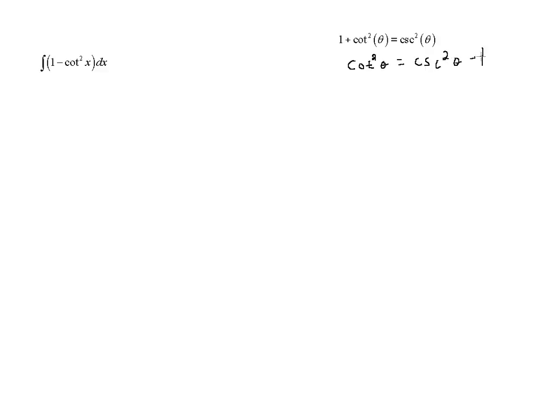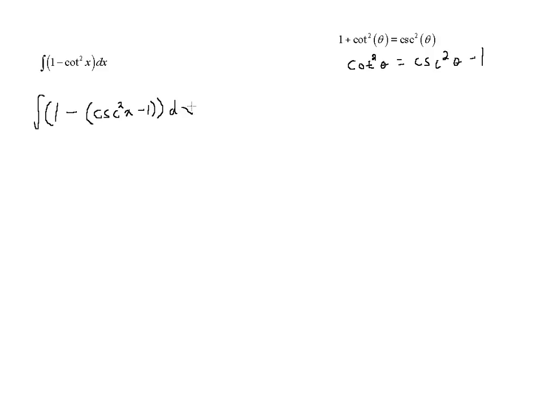So I can go over here and replace the cotangent squared of theta, and I'm going to leave it all inside this integral as minus, and I'm going to draw myself some parentheses. Cotangent squared of x is equal to the cosecant squared of x minus 1, and that's going to be with respect to x.